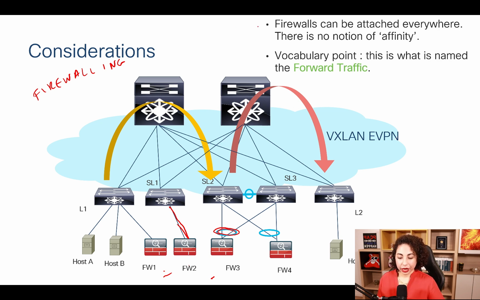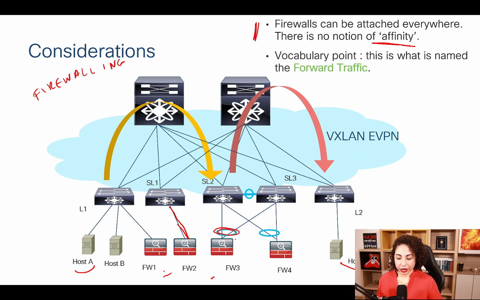And what I want to highlight also that we didn't touch yet, is that there is no notion of affinity. What it means is that when we consider, for example, traffic from host A to host C, we can really pick any of those firewalls.